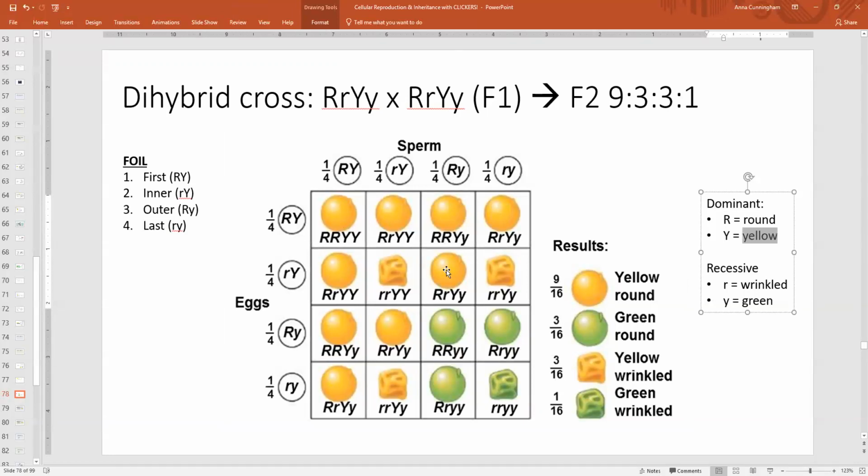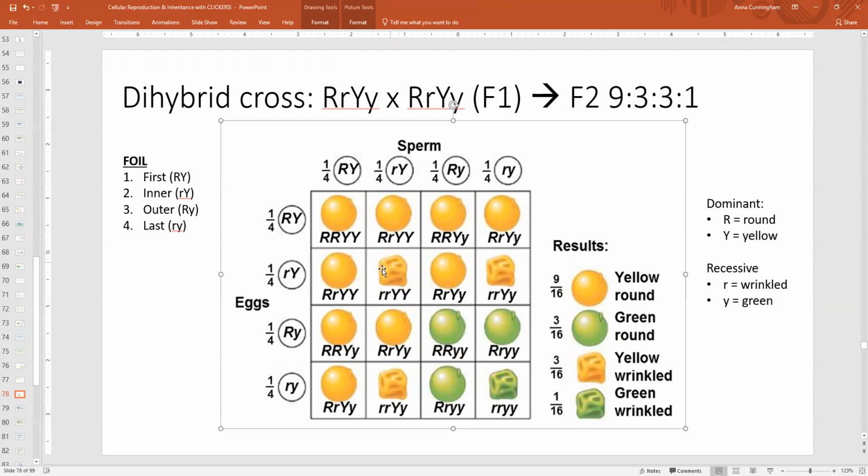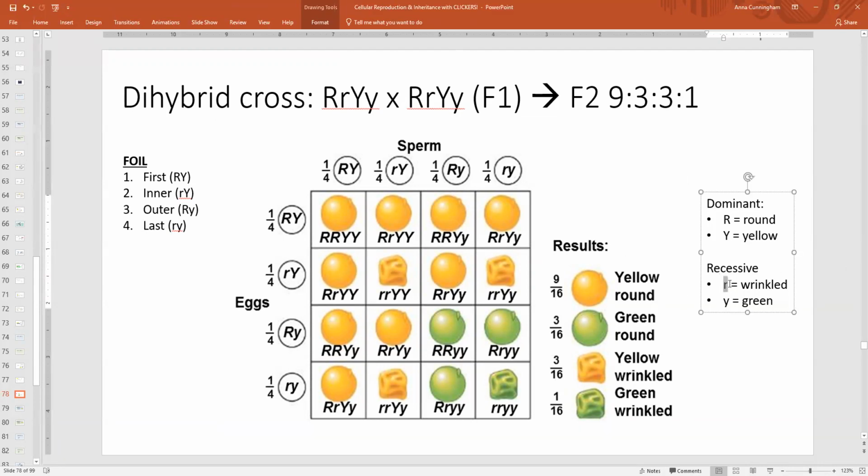If we go over here, let's look at this one, lowercase r, capital Y. Due to this pairing right here, we have homozygous recessive for texture or shape. If we have homozygous recessive, that means the recessive allele will be expressed, which is why we have wrinkled seeds.